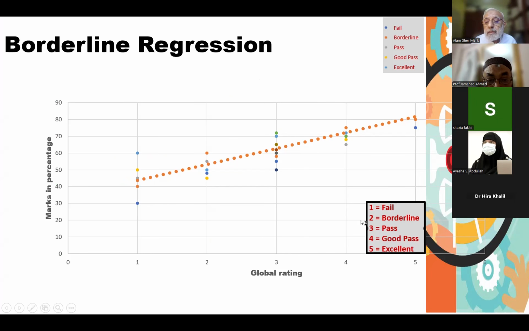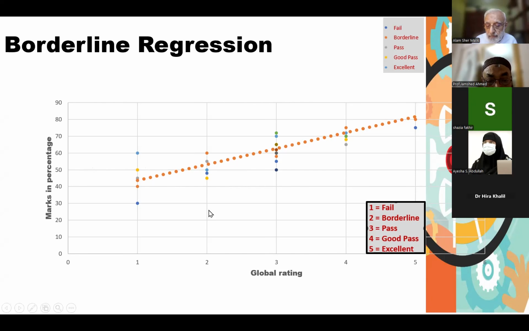Now here, number 2 is borderline. If I look at this trend line, and go from here, probably the pass mark becomes 53 for a minimal or borderline candidate.